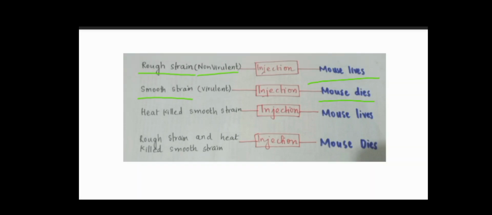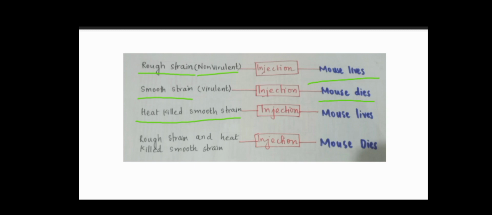Then he injected heat-killed smooth strain S-type bacteria into another group of mice, and all the mice remained perfectly healthy because the S-type bacteria were killed, so they did not cause any disease in mice. Next, he performed another experiment in which he mixed R-type bacteria with heat-killed S-type bacteria.